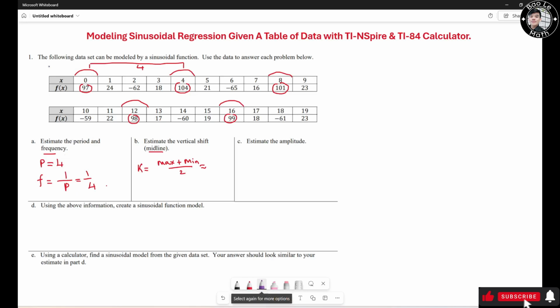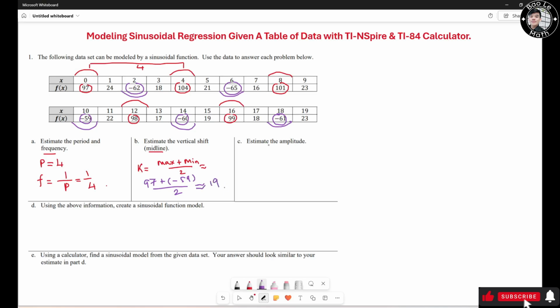The minimum values should be this guy right here, this guy, this guy. So the minimum should be this. The midline is approximately 97 plus negative 59 divided by 2, so it's going to be 19.